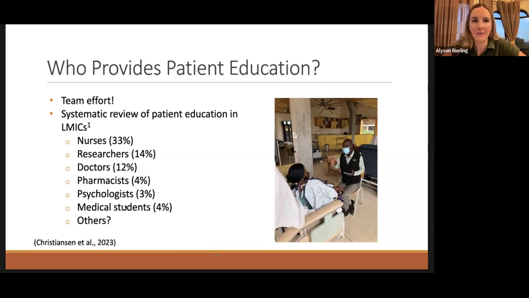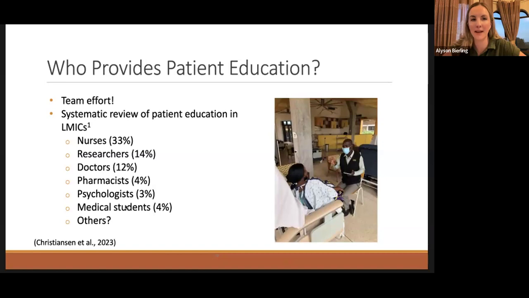Some members of our team a couple years ago did a systematic review that looked at who is providing patient education in low and middle income countries. So primarily nurses were the ones providing patient education.